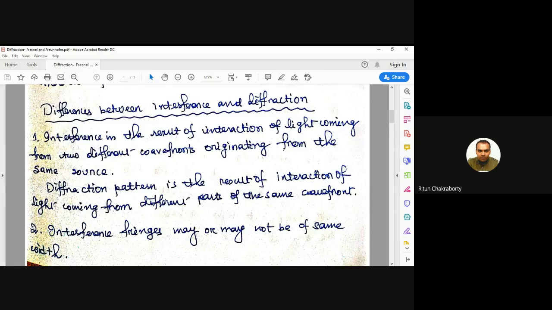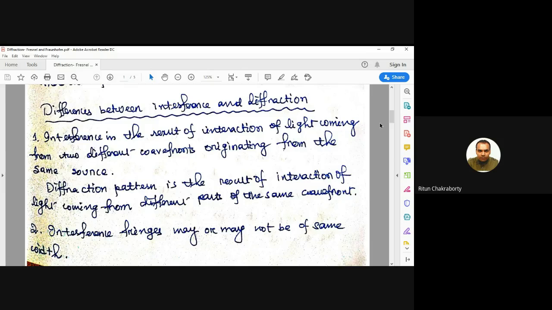But what is the main difference? So you see, interference happens between light waves from two different wavefronts. But diffraction pattern is the result of interference of light coming from different parts, but of the same wavefront.